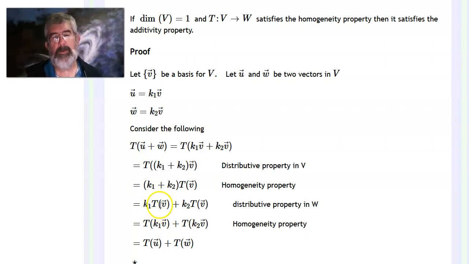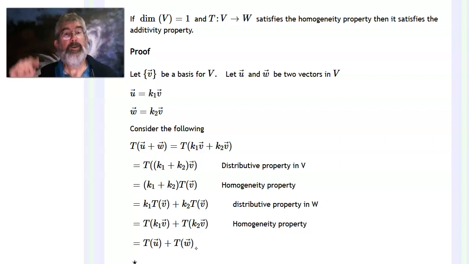So the k1 can be pulled in here, and the k2 can be pulled in there. And so now I have T of k1 v plus T of k2 v, but k1 v is u, and k2 v is w. And so T of u plus w is T of u plus T of w, and my theorem is proven.